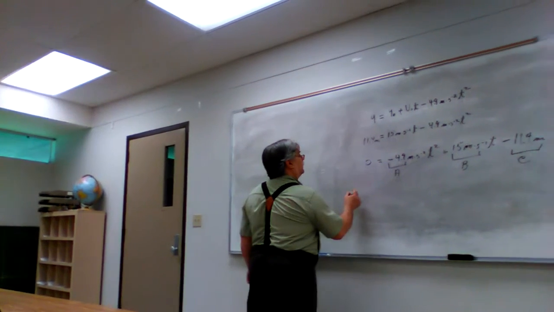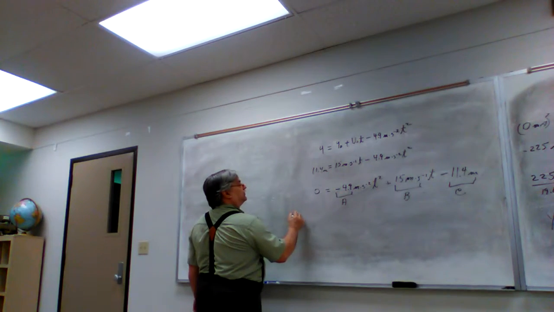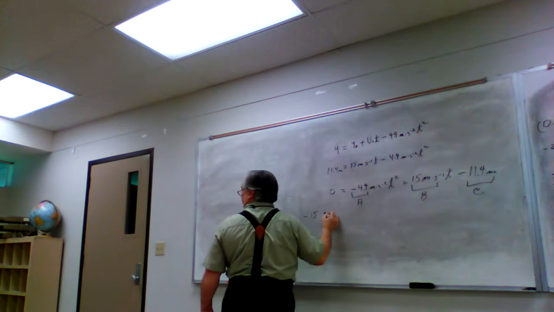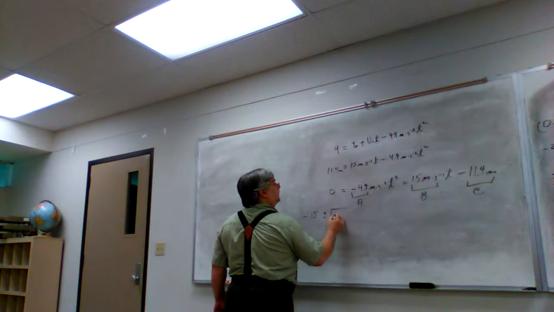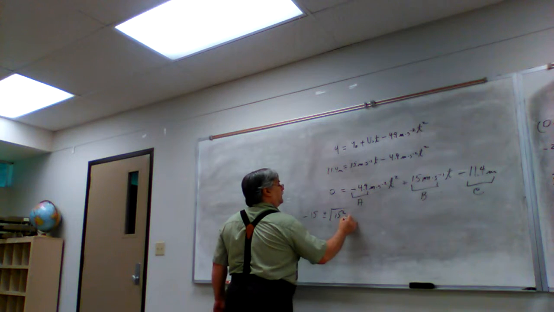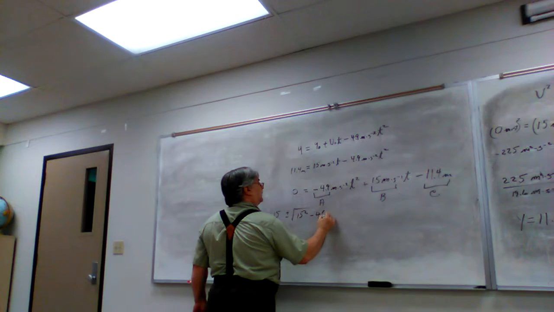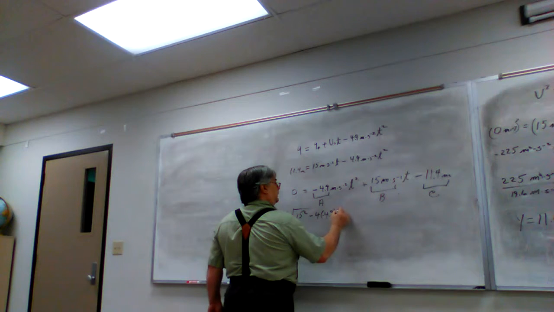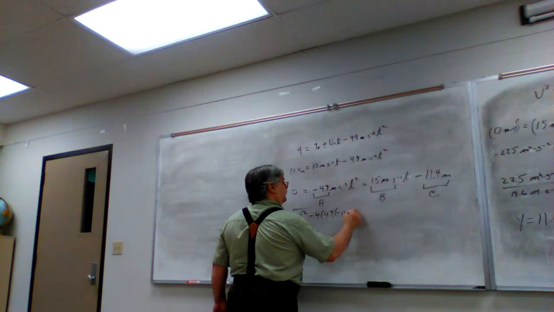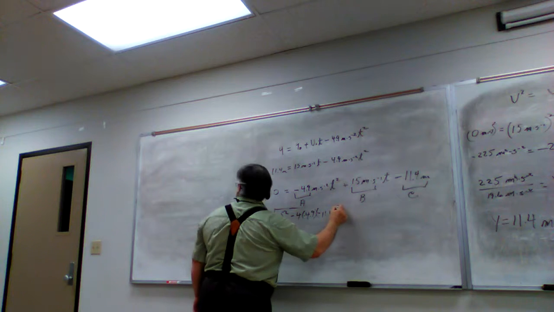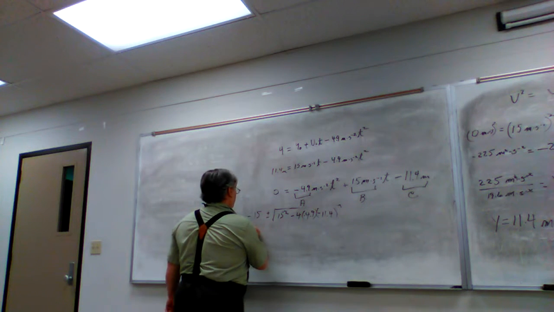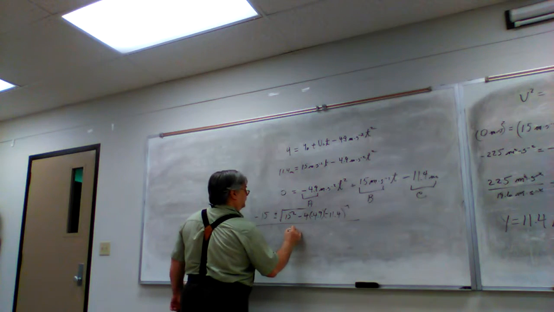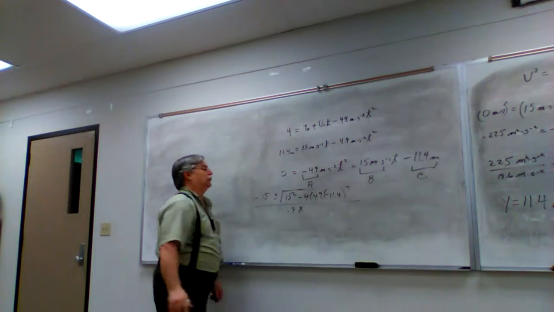So we're looking for minus B plus or minus the square root of 15 squared minus 4 times 4.9 negative times negative 11.4, minus 4AC. All of that divided by 2A, 2 times A, minus 9.8.